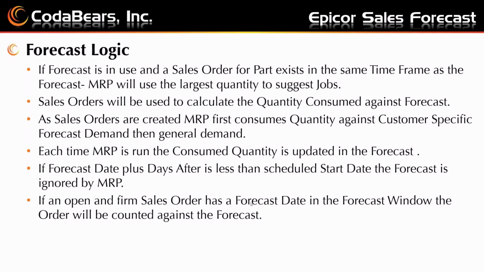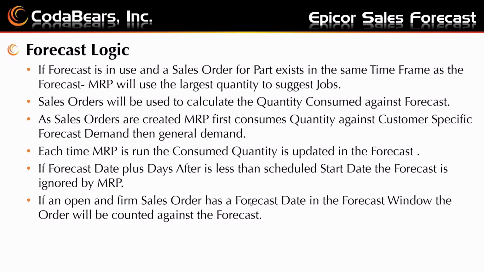So if you have a customer specific forecast, and I'll show an example of this, say for Dalton Manufacturing for a part, the forecast is for 1,000 pieces over this month, and then you get a sales order for 500 this month. It's going to consume those 500, and MRP will update that 500 are consumed. We only need 500 more because that's the balance of that forecast, and that logic will be used to create job suggestions.